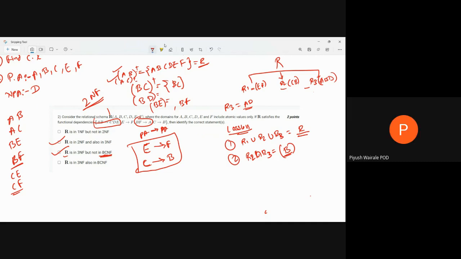Then A, B, D, F, right? Because AD was remaining, and AB and BF are the keys, so it will cover all those things. So now it is A, B, D, F. Now what is common? B only.